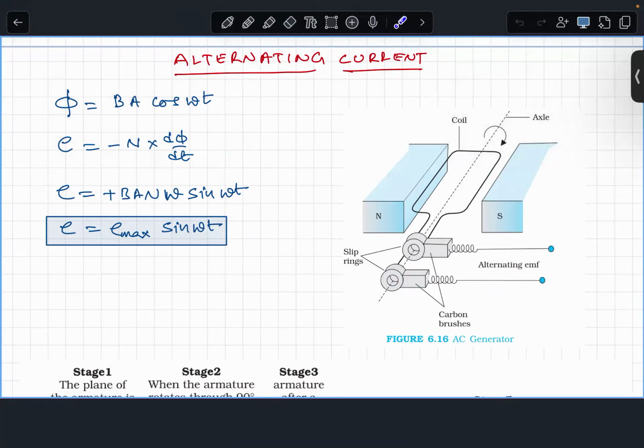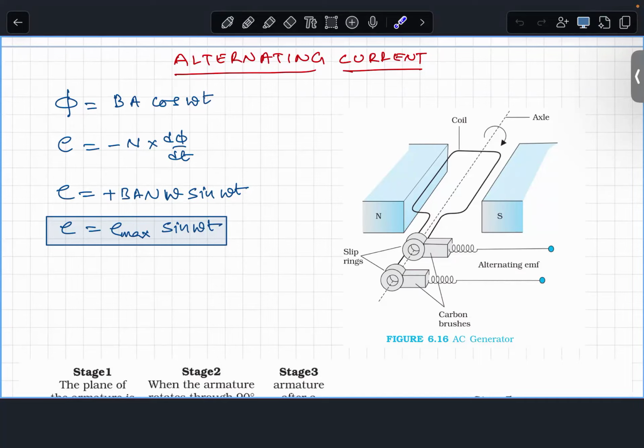So our topic for the day is alternating current. Till now, the content that we have been dealing with is EMI, till last week, where you noticed that when a coil is rotated in a magnetic field, or when the flux linked with the coil changes with time, an EMF is induced.